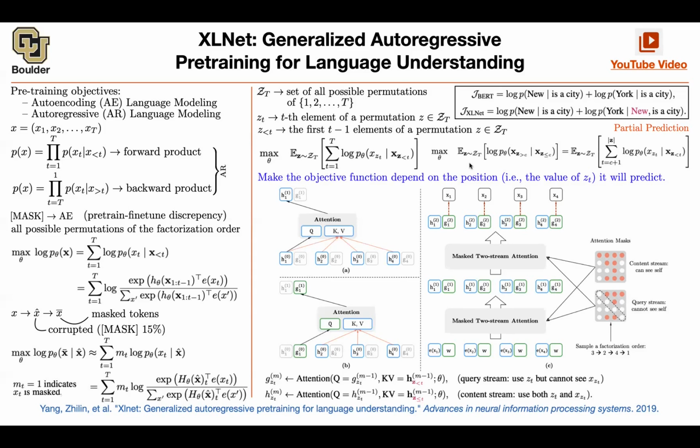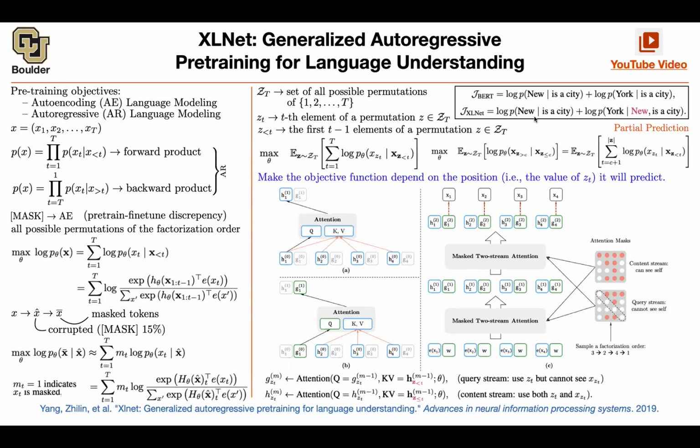How? You choose a permutation, and according to that permutation, some things are going to be the past, some things are going to end up being the future. For instance, "is a city" is the past, and "new" is the future, according to that particular permutation. And then as you go to the next step in your time, the next token in your sequence, which is permuted, "new is a city" is going to be the past, and "York" is going to be the future.